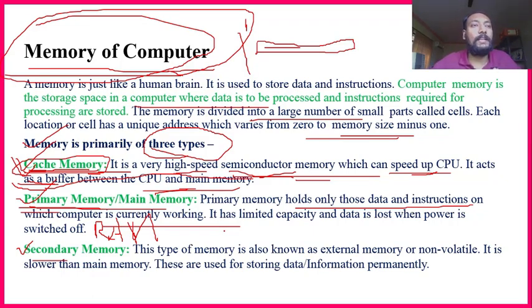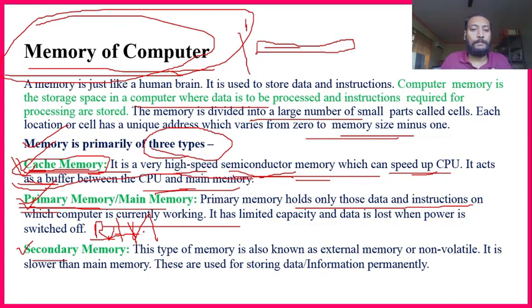For example, if I work 8 hours per day on my system, whatever I do in those 8 hours will be saved into the primary memory, which is called RAM, random access memory.